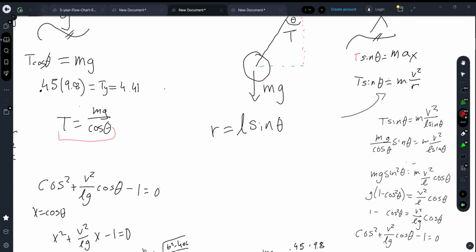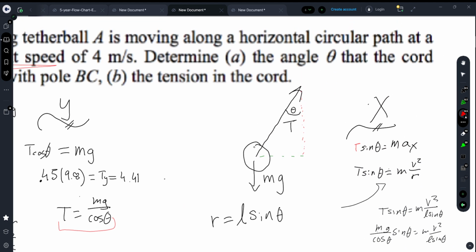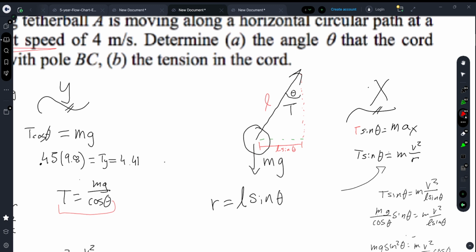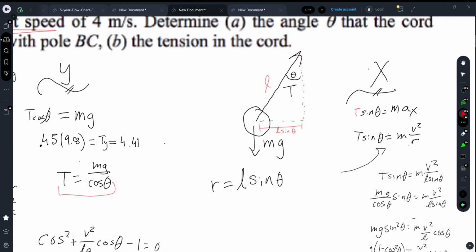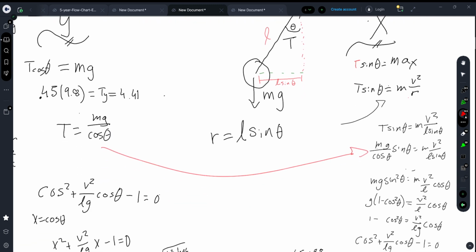Oh, and then based on the picture, this is L sine theta, because that's theta, and this is L. So if I call that r, then I can sub this equation into here, and then plug this equation that we solved for T into this equation, mg cosine theta.